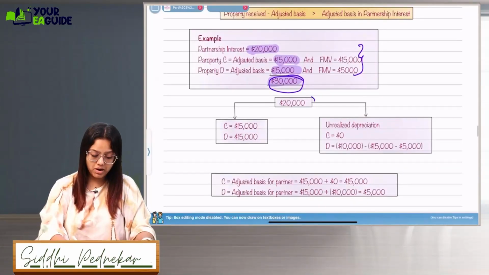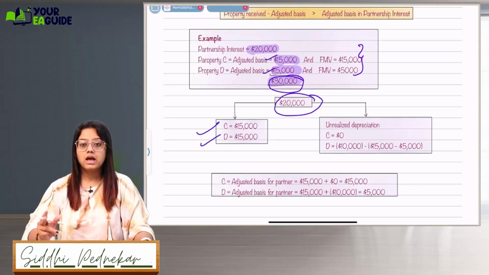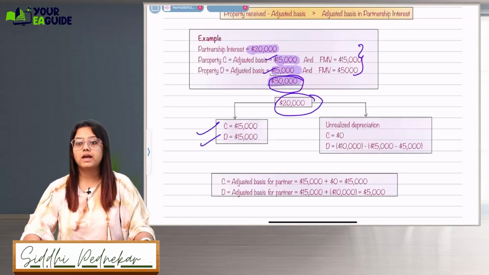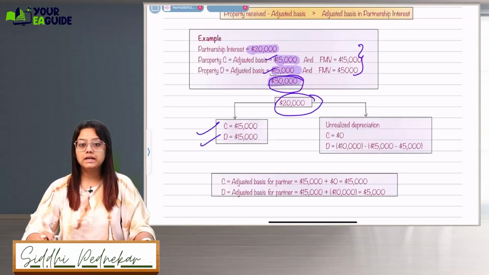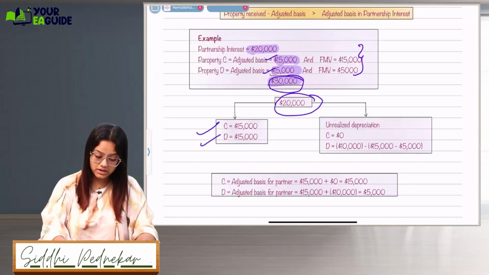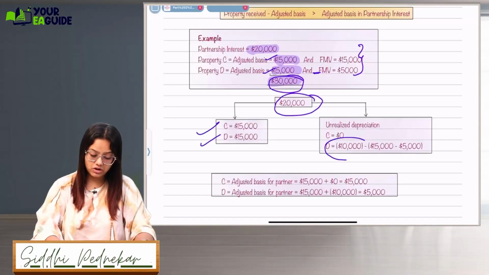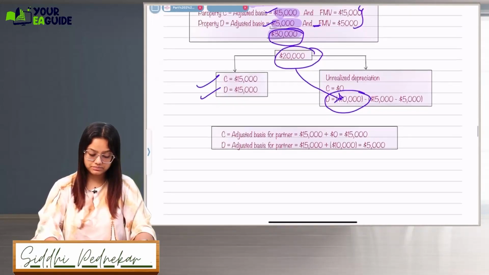So whatever amount you receive, 20,000, first allocate directly to the basis, that is 15, and whatever is the unrealized depreciation, if there is any. For property D, you can see the adjusted basis is 15,000. There is an unrealized depreciation over here. FMV is just 5,000. So 15 minus 5, this 10,000 you are going to reduce from this.